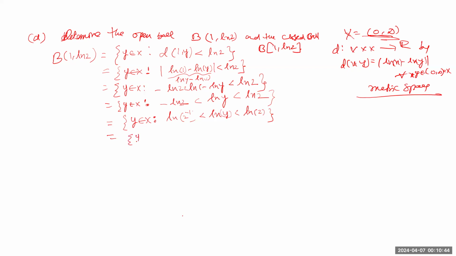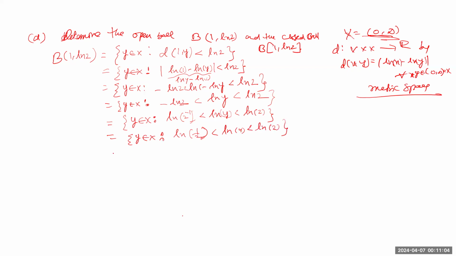That implies the set of all y belonging to X such that ln of 1 over 2 is less than lny is less than ln2.